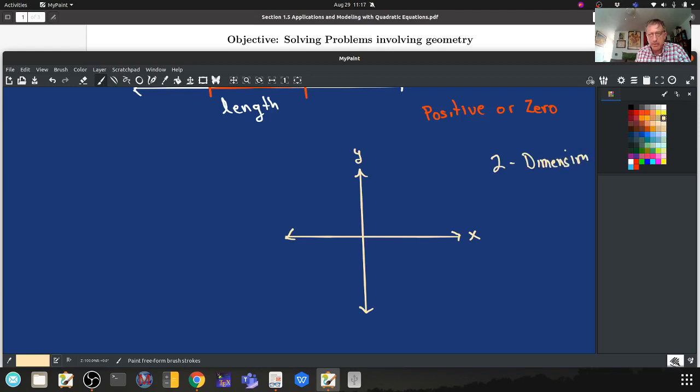And a typical measurement that we might like to make in 2 dimensions would be something like an area. So here I have a square. I don't have to place it right at the origin, but notice I can draw an object that is more than just a line.